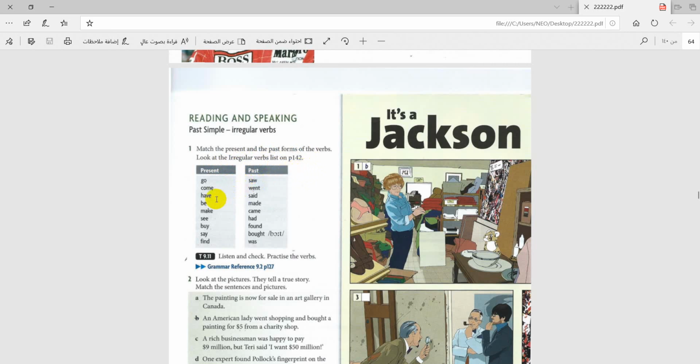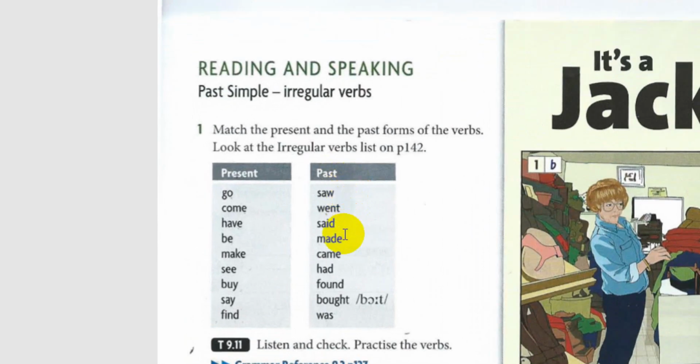Here we can match the present verbs with the past, as we see the infinitive, and here we can see the past participle. Guys, I sent you the picture of the irregular verbs. You should memorize them all. Here we have go, which matches with went.